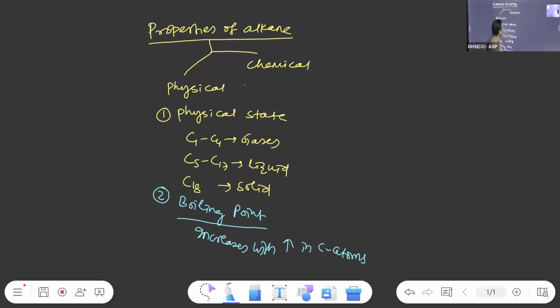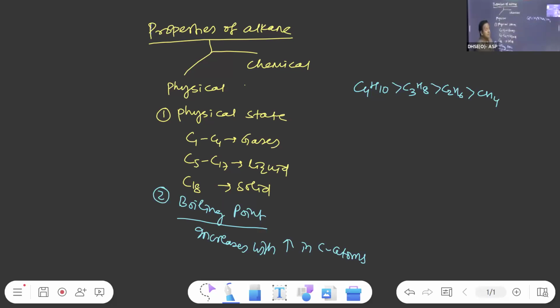Comparing methane to butane, butane has the highest, then propane, then ethane, then methane. This is the first point under boiling point.